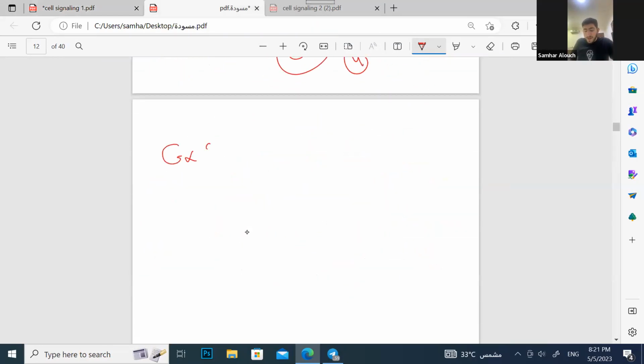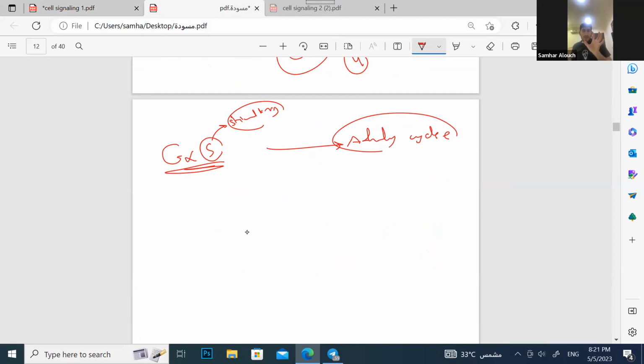First, we have G-alpha S, and S here is for stimulatory, which means it activates something. After this G-alpha gets dissociated, it goes and stimulates another enzyme. G-alpha S is for the adenylyl cyclase pathway. This is the first type. Once the ligand binds and G-alpha dissociates and activates adenylyl cyclase, this means that we have G-alpha S. The other type is G-alpha I, and I here is for inhibitory.